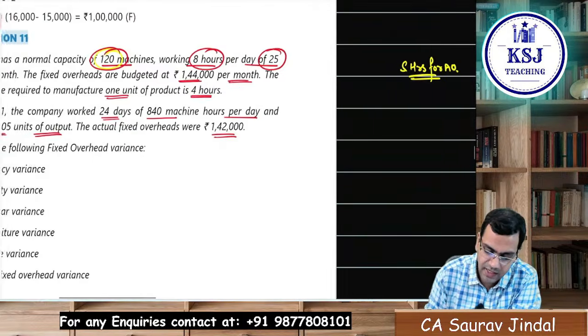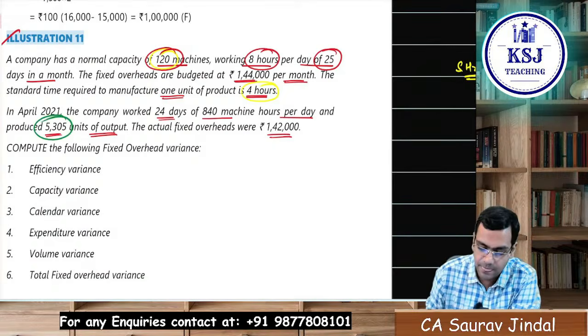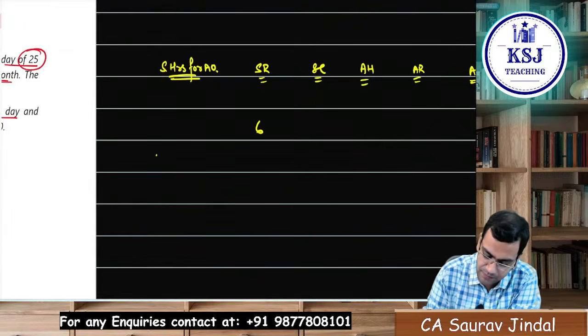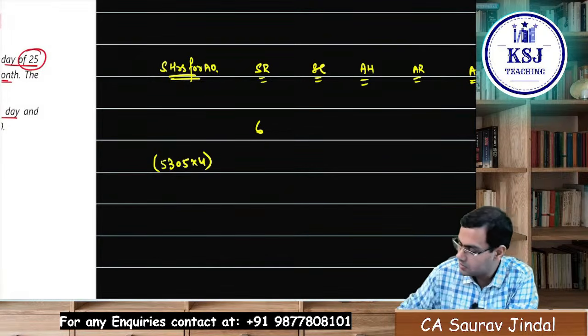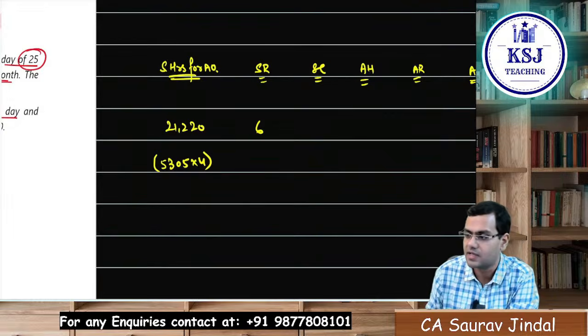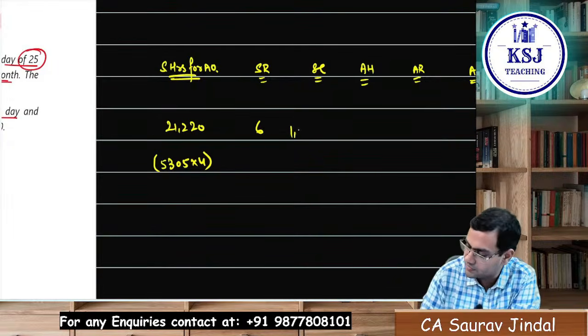Now what is the standard hours for actual output? He says 4 hours for 1 unit and the actual output is 5305 units, right? So it is 5305 multiplied by 4, that is 21,220. This is the standard hours for actual output. Multiplied by 6, standard cost is 1,27,320.